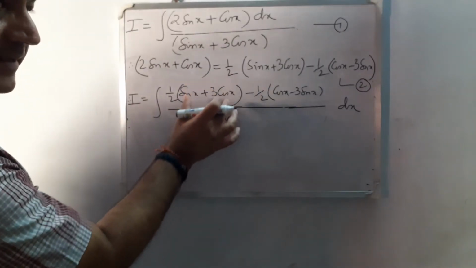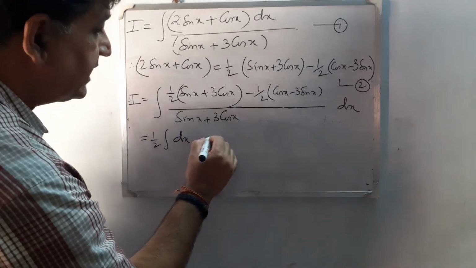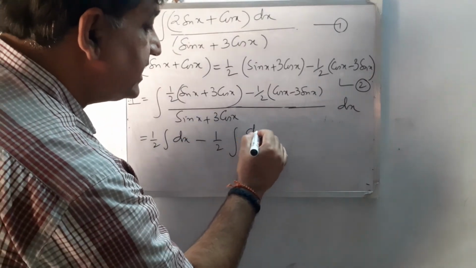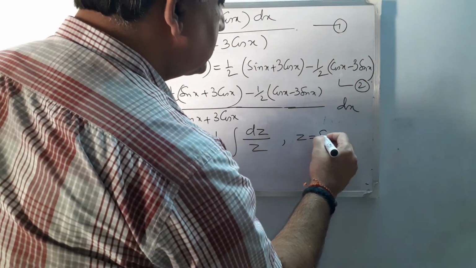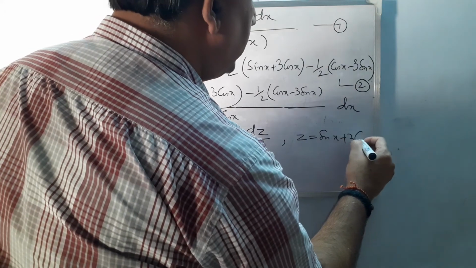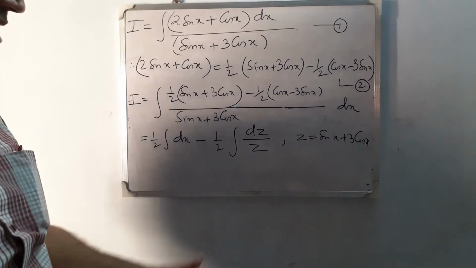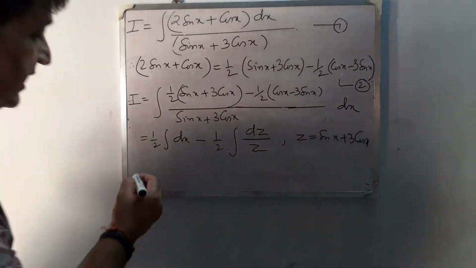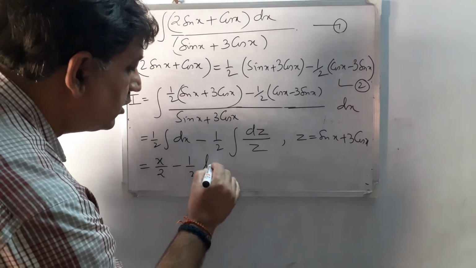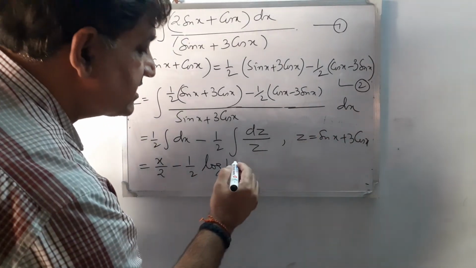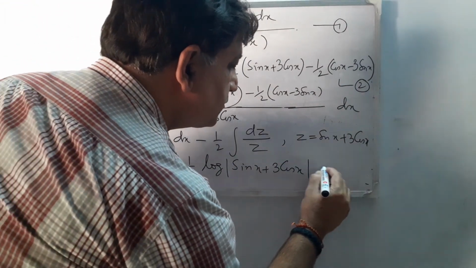These two cancel out, half comes out, it becomes half integral dx, minus half comes out, integral dz by z. Why dz by z? If you take z as sin x plus 3 cos x and differentiate it, you will get cos x minus 3 sin x dx is equal to dz. So it becomes dz by z. And the final answer is x by 2 minus half log mod of z, that is sin x plus 3 cos x, mod closed, plus c.